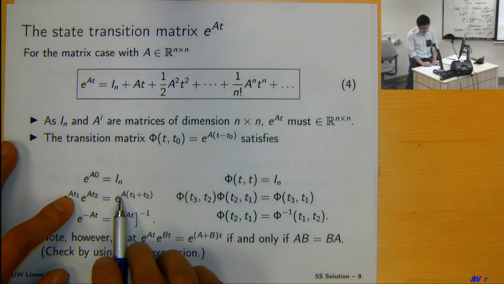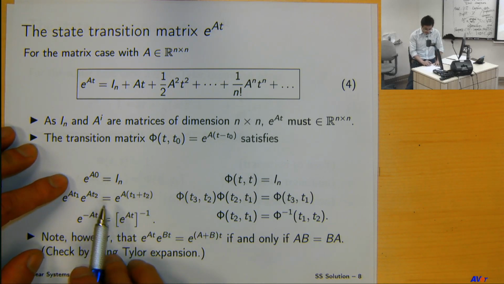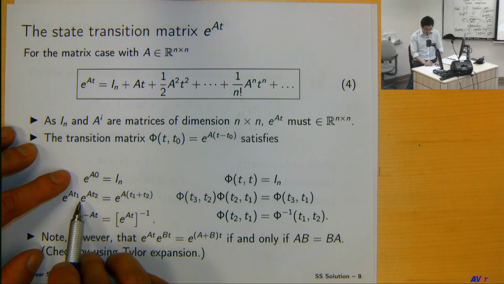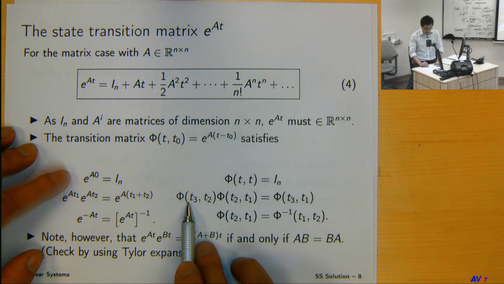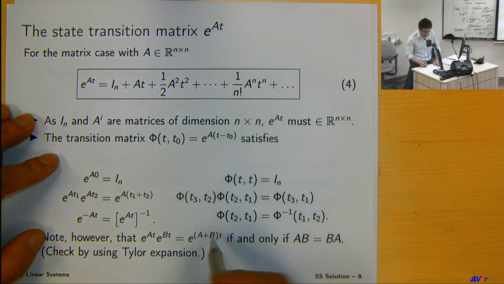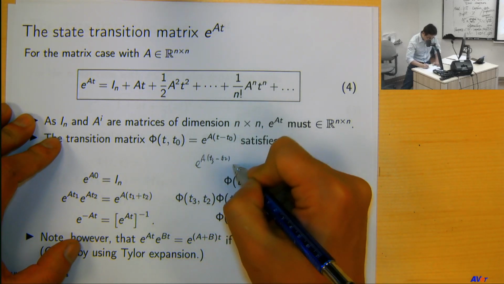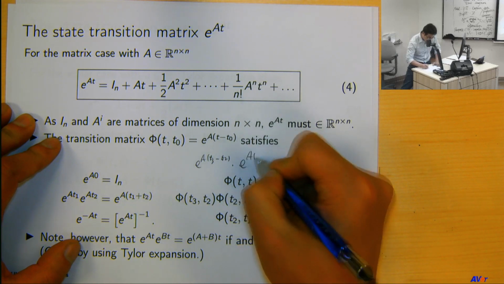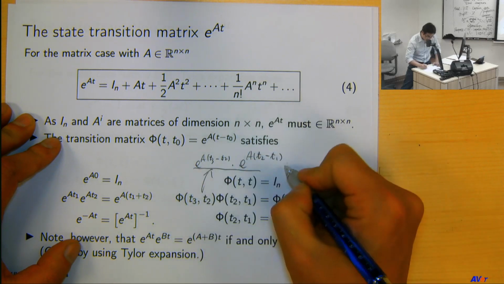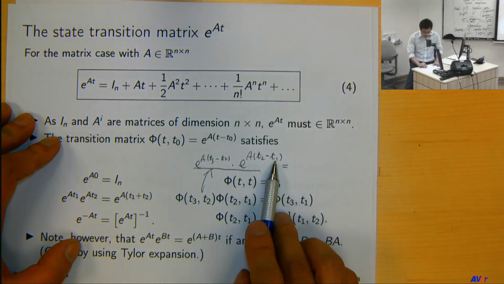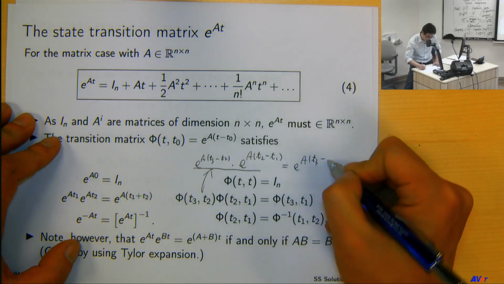You're not transitioning anywhere. And then if you have consecutive transitions, let's say you're transitioning from t1 to t2, and then from t2 to t3. All right? So it's going to be e^(A(t3 - t2)) times e^(A(t2 - t1)). So this is from t1 to t2 and then to t3. It's going to equal e^(A(t3 - t1)).